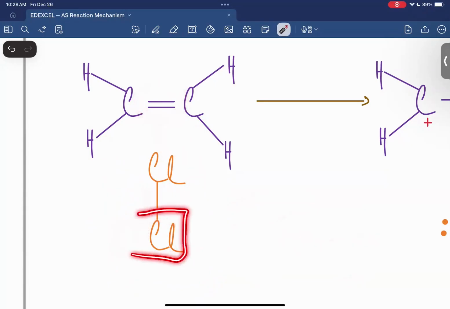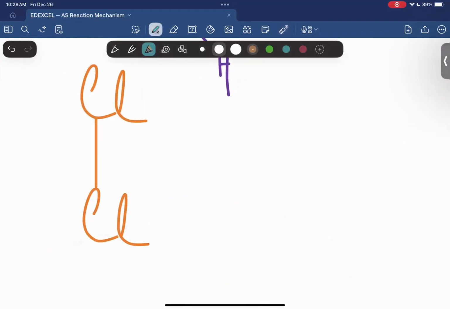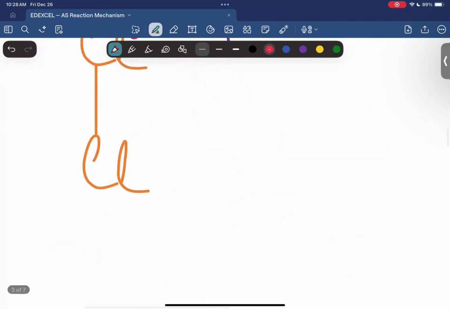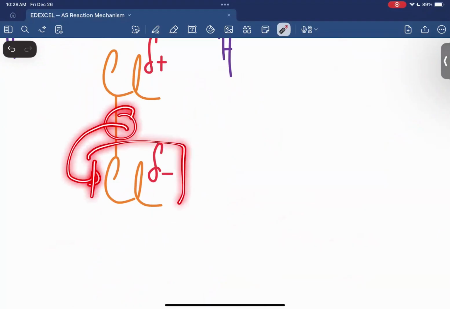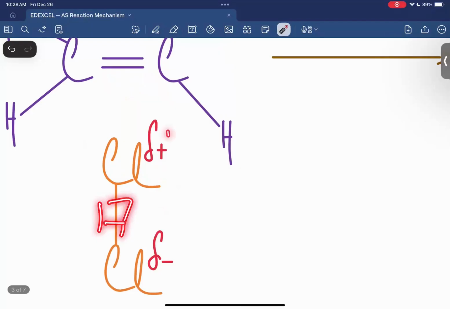Since the electron slightly moves towards this chlorine, the chlorine attains a partial charge. So this charge is going to be delta plus, and this charge is going to be delta minus. Why? Because the electron was pushed towards this chlorine, hence this overall negative partial charge. And since the electrons moved away from the other chlorine, it attained an overall positive charge. This is what we refer to as dipoles, partial charges.